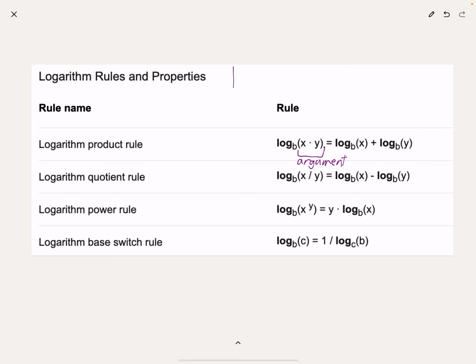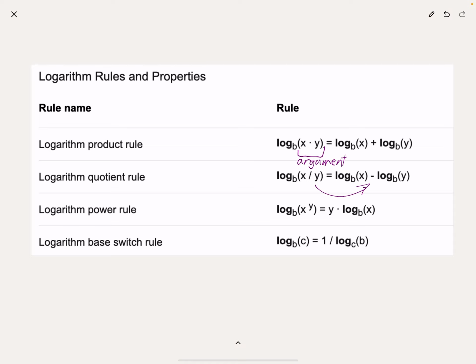Like if you have logarithm base 2 and a constant and an x, you can leave it like this, but you can also expand it as logarithm base 2 of 2 plus logarithm base 2 of x. So remember that you can always expand when you have two things multiplying inside of a logarithm. When two different elements, variables or constants are dividing, you can expand it with a minus.